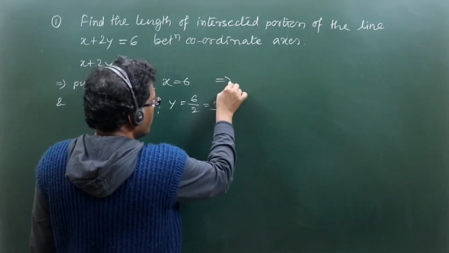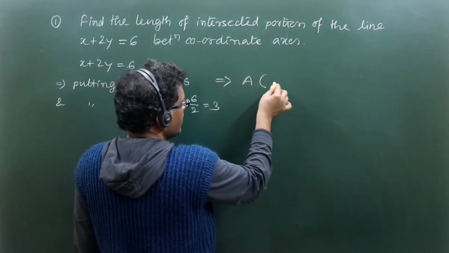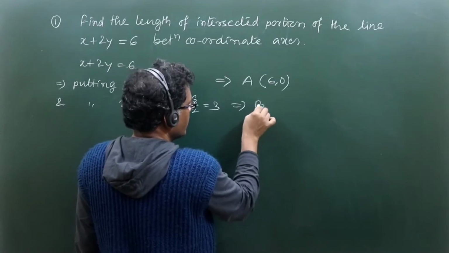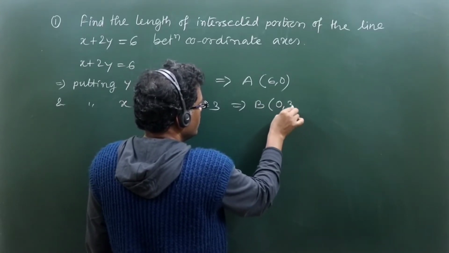So therefore x axis intersecting point can be written 6, 0 and y axis intersecting point can be written 0, 3.